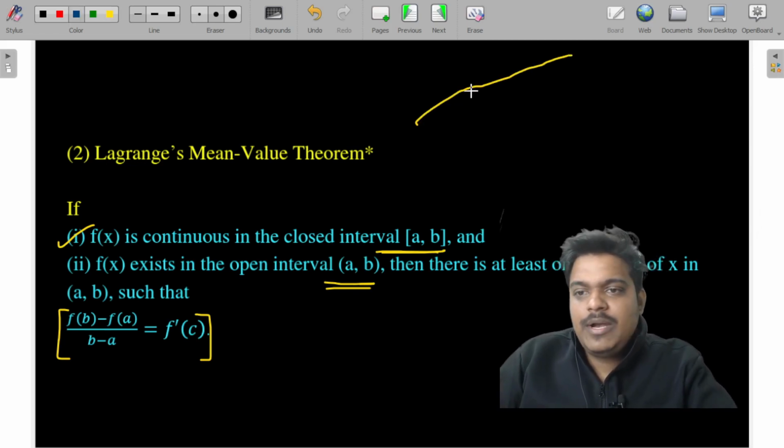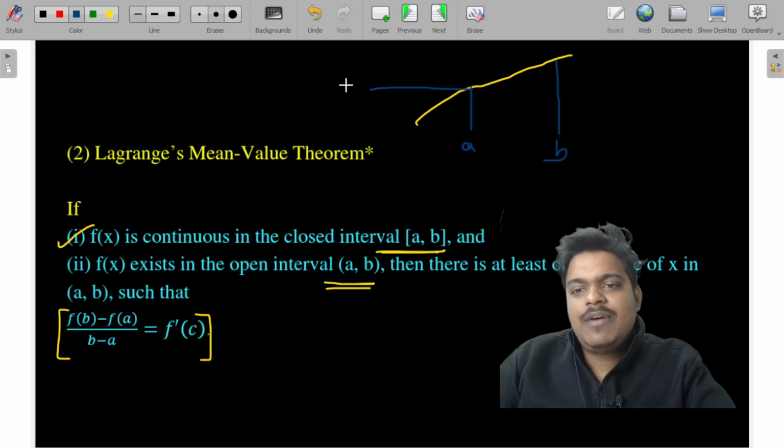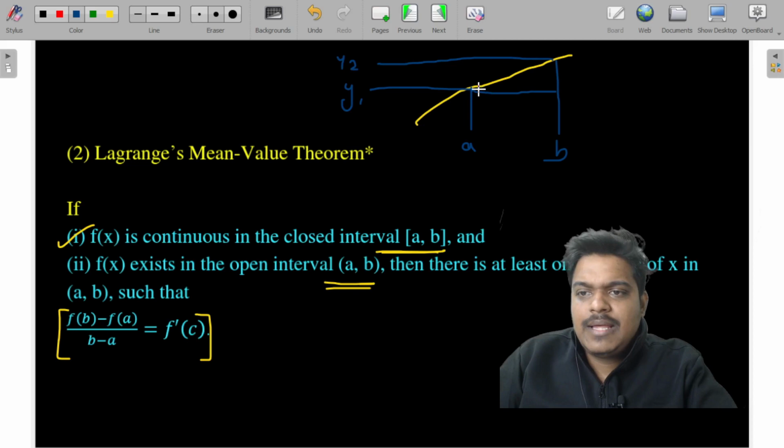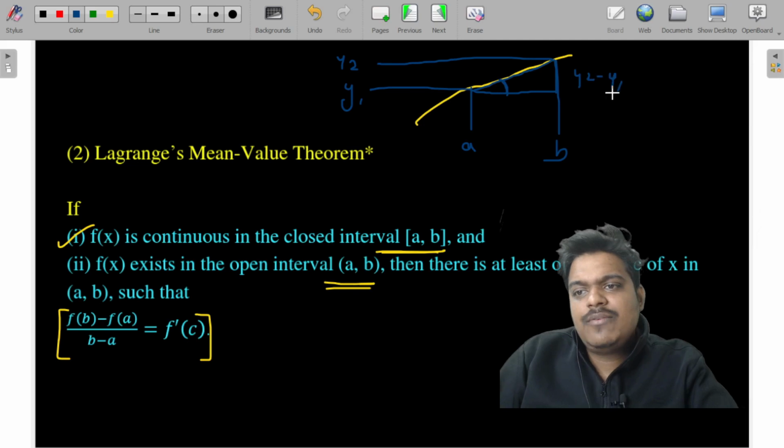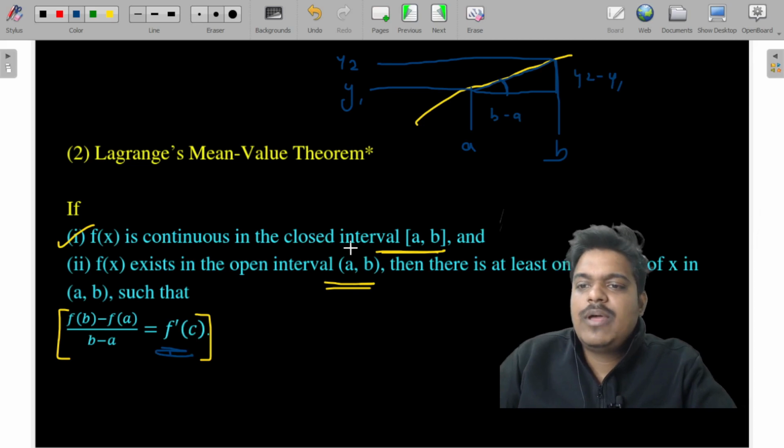This is a point a and this is a point b. At a the value of the function is y1, at b the value of the function is y2. Now you can clearly see that this value is equal to y2 minus y1, which is f of b minus f of a, and this value is equal to b minus a, and this is equal to f dash c.